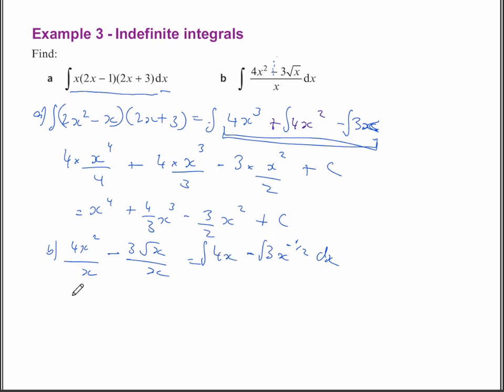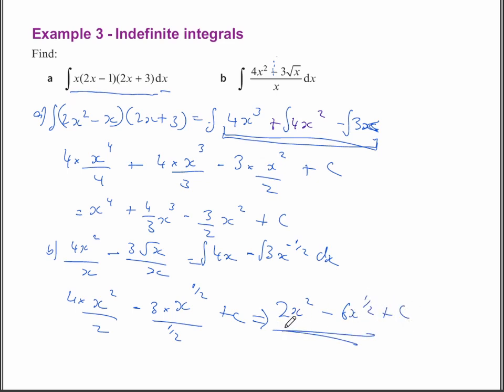The integral of 4x is going to be 4 times x power 2 over 2. The integral of this is going to be negative 3 times x power (negative 1/2 plus 1), which is 1/2, over 1/2. Then obviously we have our plus c. This will give us 2x squared minus 6x power 1/2 plus c. And that right there is going to be our integral for B.